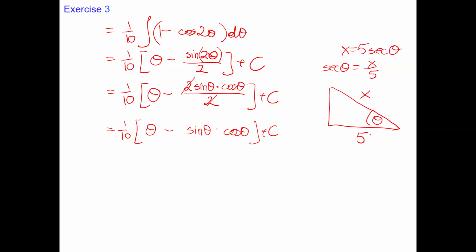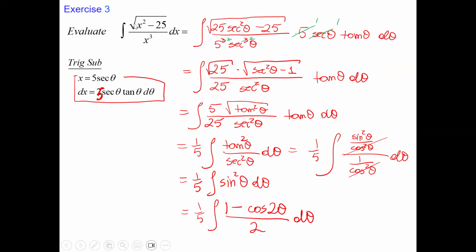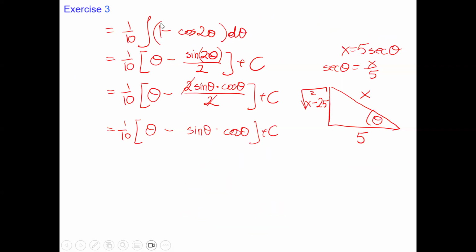Hypotenuse over adjacent, okay. And then to compute the third side, we use the Pythagorean theorem, a squared plus b squared equals c squared, giving the square root of x squared minus 25. And of course, we recognize that this square root looks identical to the original integrand.